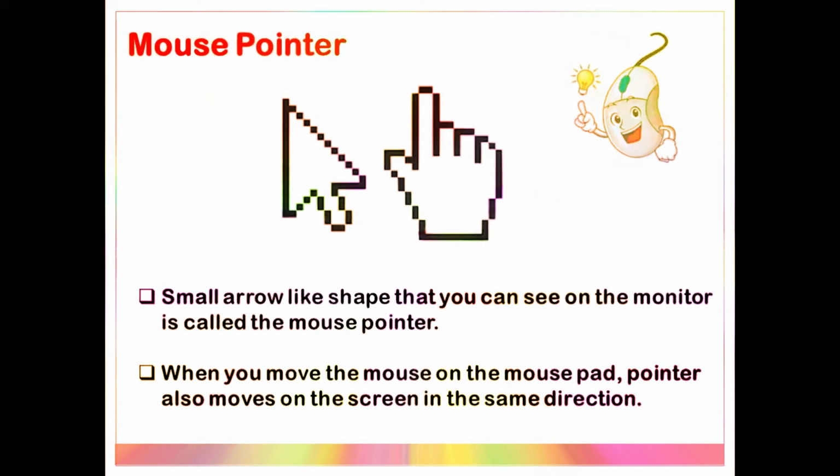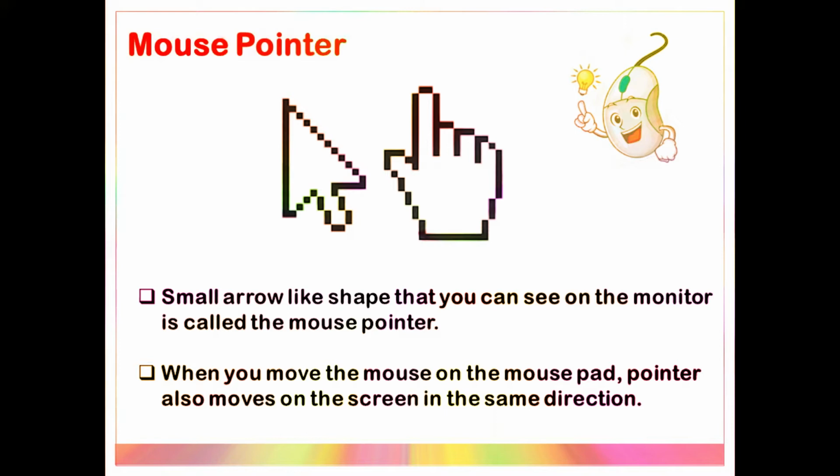Mouse pointer. Now, what is the mouse pointer? It is a small arrow, pointed in shape, which is visible on the monitor screen, and which we call the mouse pointer.